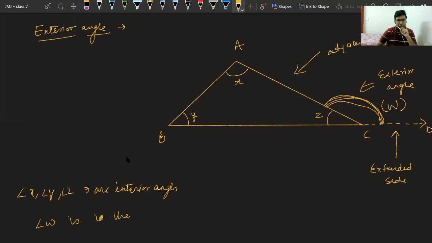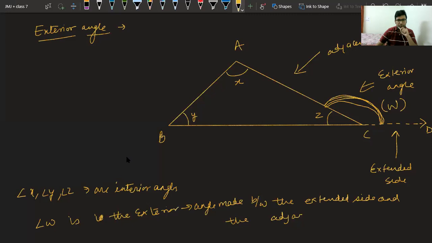And if you want to define it, you can say it is the angle made between the extended side and the adjacent side. That's it.